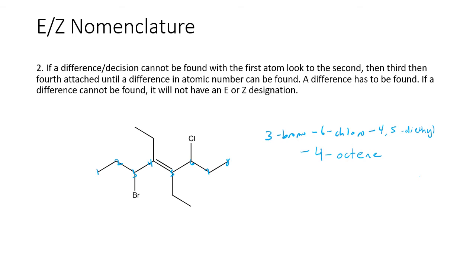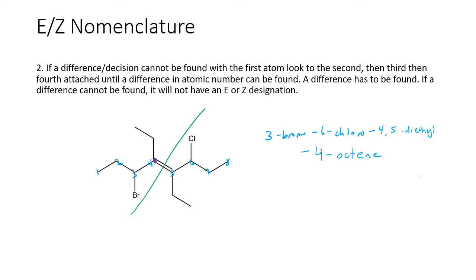So now moving on and looking at our priority groups here, we're going to do what we did last time. We're going to break our double bond in half. And then we're going to imagine we split it and we start right here. That's our starting point where that purple dot is on the left. We're only looking on the left-hand side of our break. So when we move away from our purple dot, what do we come to first?